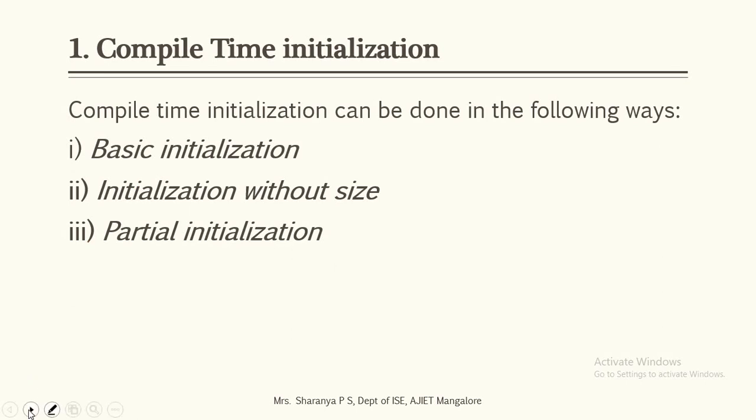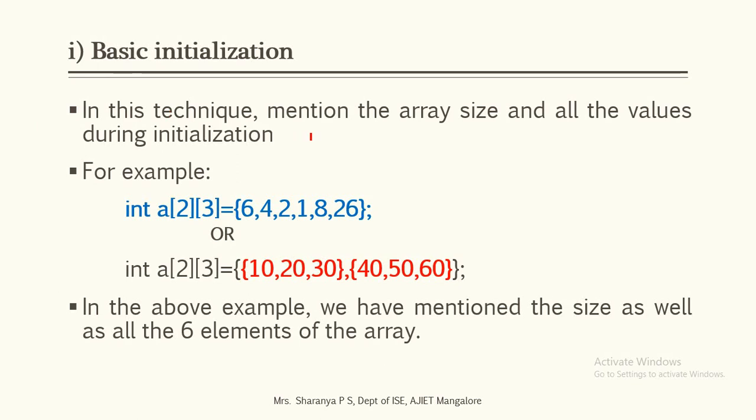First, let us look into the basic initialization. Here, we have to mention the array size and all the values during the initialization. In the very beginning itself, we mention the array size, and along with that, we specify the values as well. Now, if we look into the example here, int is the data type, A is the array name, and here we have specified 2 sizes.